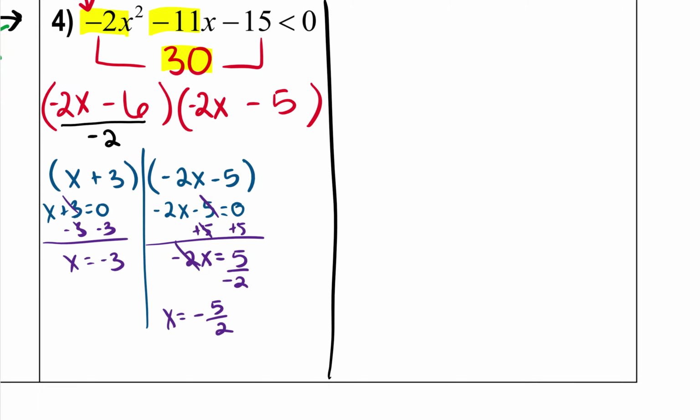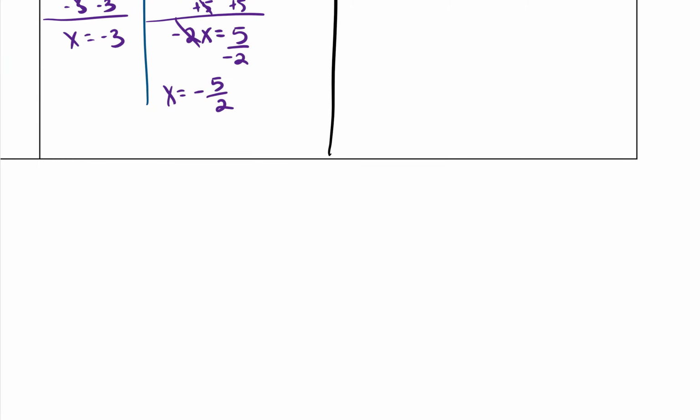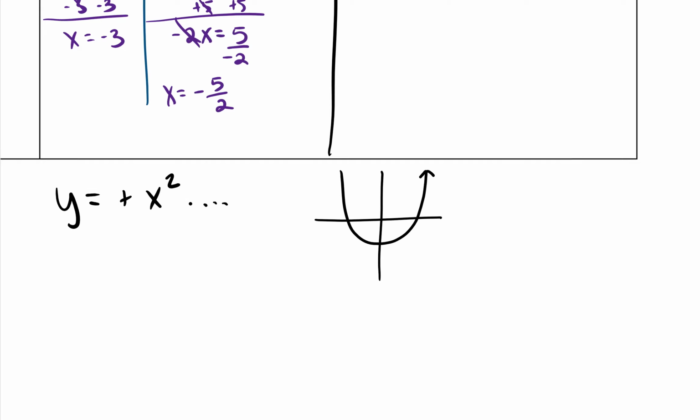So, for example, on the notes down here, let's say I have y equals positive x squared and so on. As long as my first number is positive, my graph is going to go up. And hopefully you remember that.